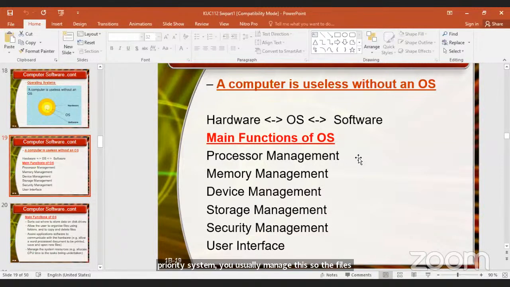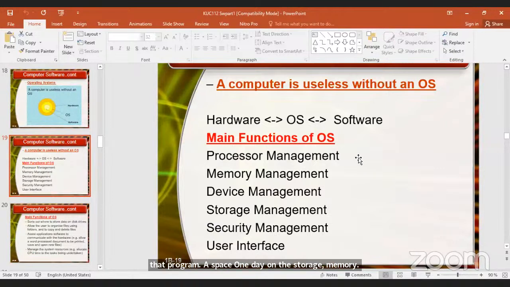It enables you to create files, it enables you to create folders, and it creates a table so that when you are searching a particular file or when you are opening a particular program on a computer, it allocates that file or that program a space on the storage memory of that computer.